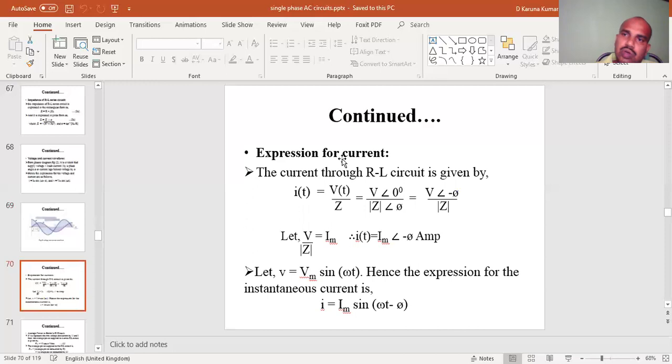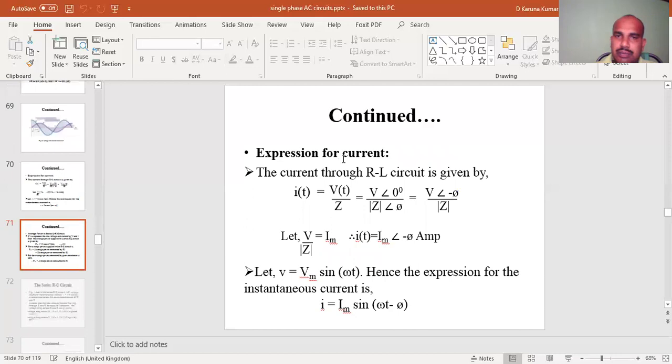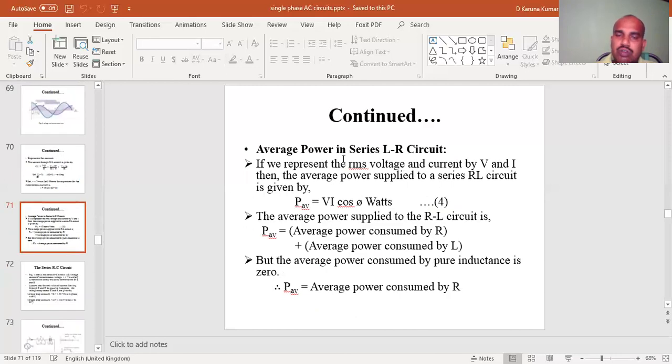V of t equal to VR plus VL. Now V by Z equal to Im. Let V equal to Vm sin omega t, and the expression of the current is I equal to Im sin of omega t minus phi. The average power equal to VI cos phi.